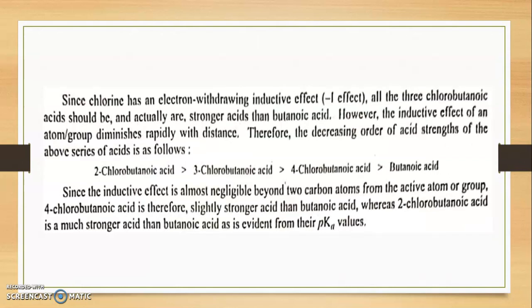That is, 2-chloro is stronger than 3-chloro, which is stronger than 4-chloro, than butanoic acid. From this, the inductive effect is also almost negligible beyond two carbon atoms from the active atom or group. And hence, we conclude that the inductive effect of an atom or group diminishes rapidly with the distance.